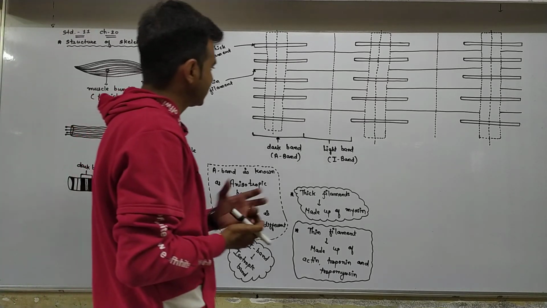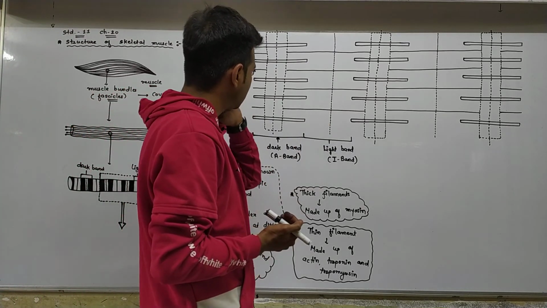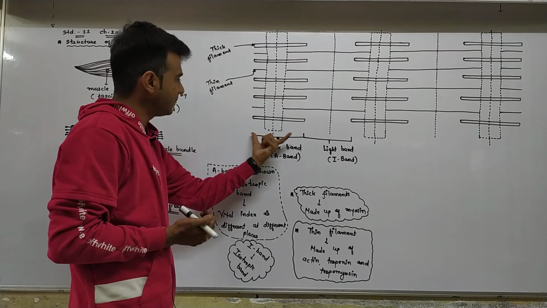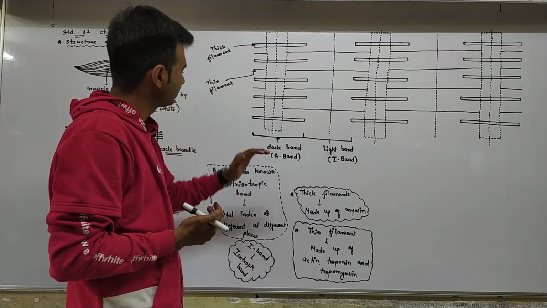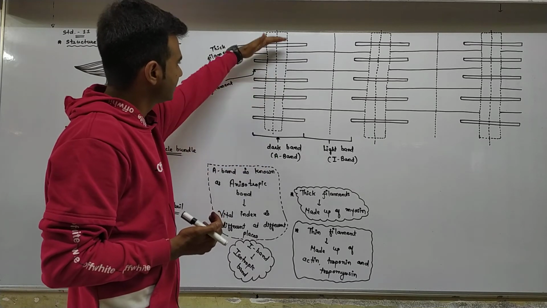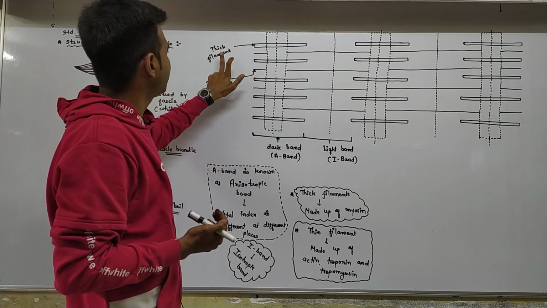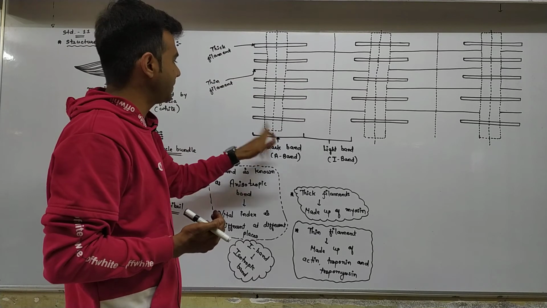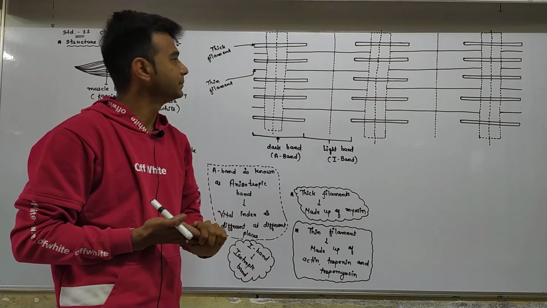Next, thick filament again. You see that A band, the dark band. Thick filaments are present only in the A band.